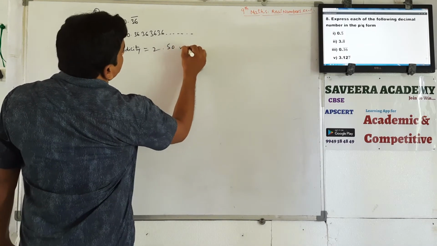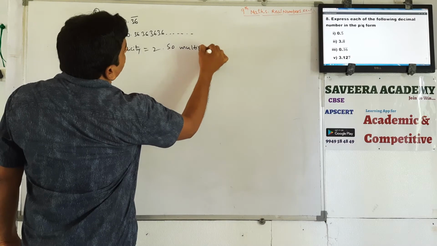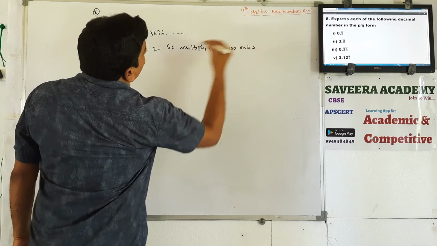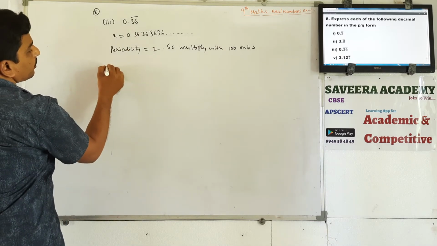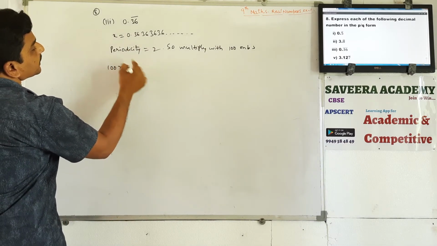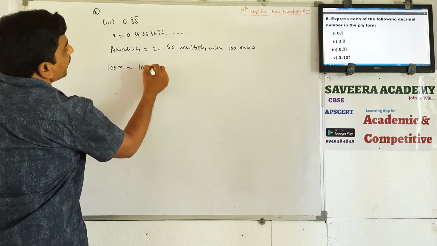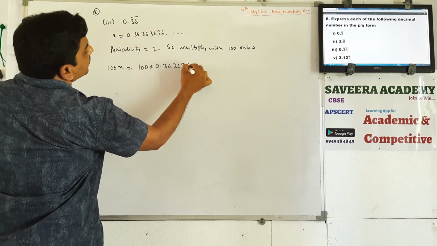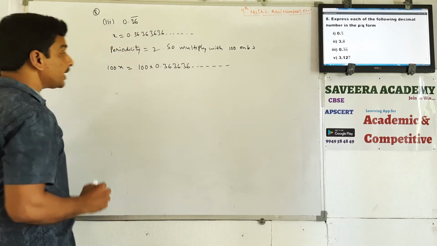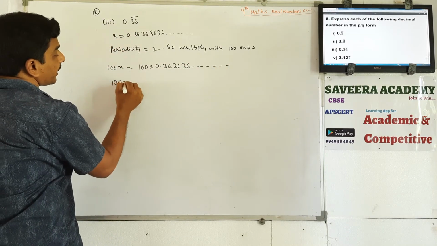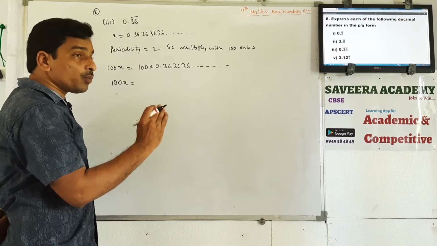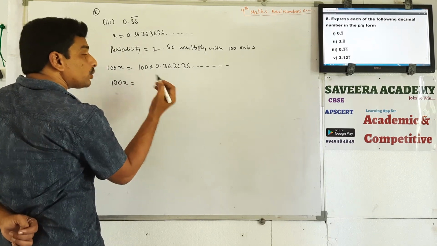So multiply with 100 on both sides. So 100x is equal to 100 into 0.363636 and so on. Whenever you are multiplying with 100, the decimal point moves towards the right side for 2 places.